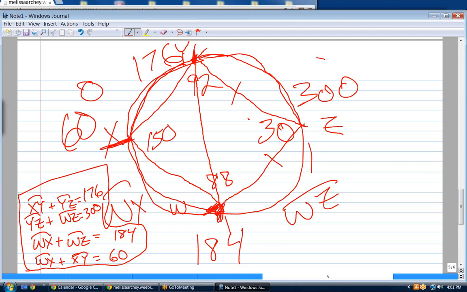But if my life depended on it, I can always solve it this way. As long as you have 4 variables and 4 unknowns, you can solve for them. We solved for everything but XW and WZ. So those are the unknowns.